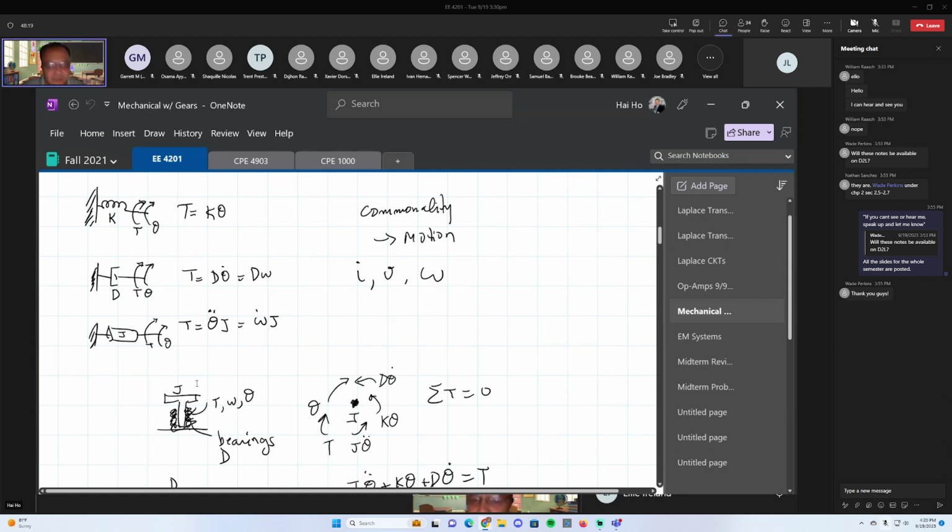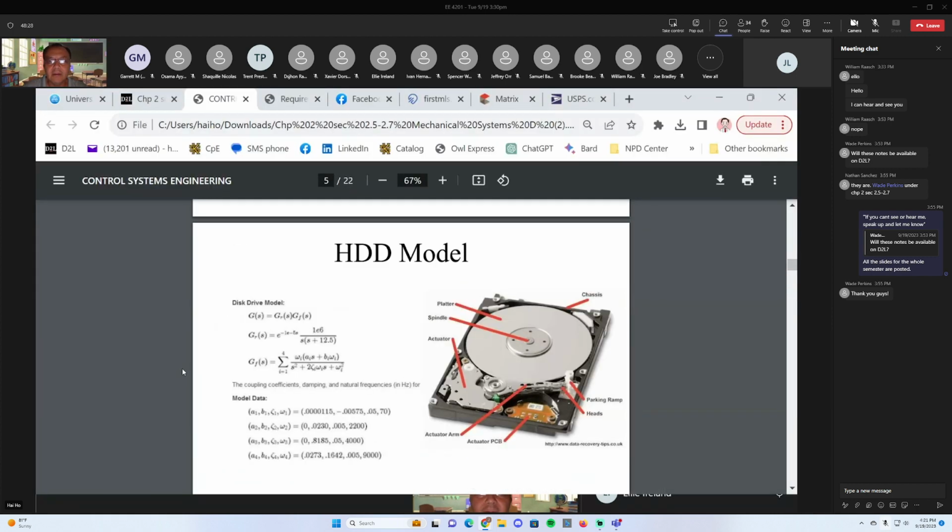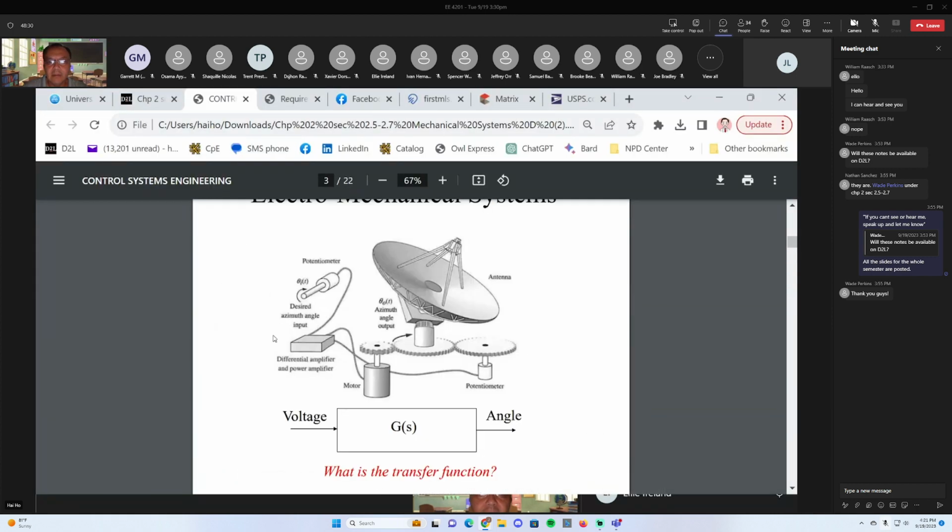Okay, going back to the antenna dish example. And this is the inertia right here, right? It's tied to a shaft, a rotational system, right?